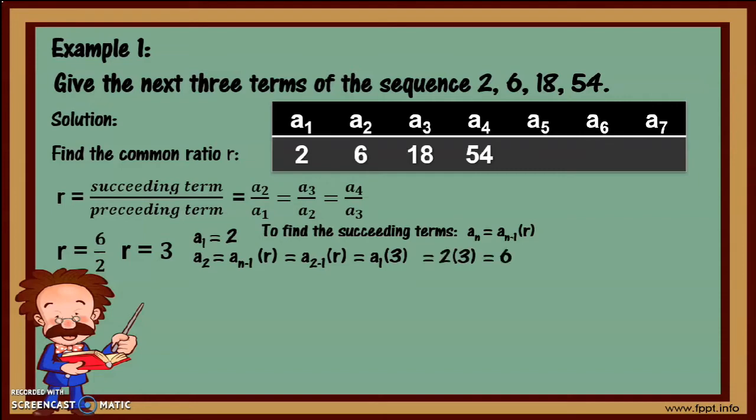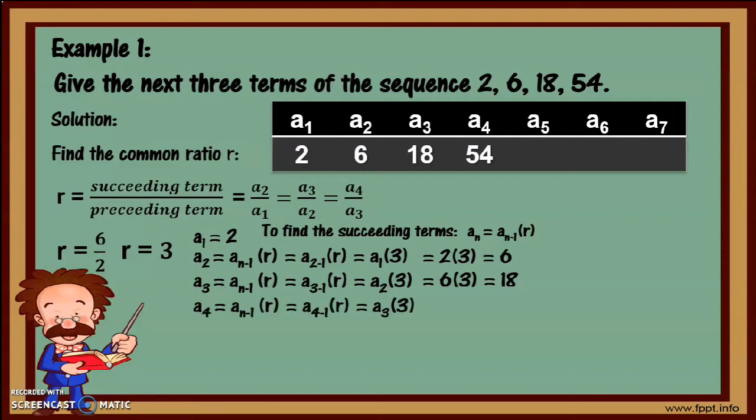So that is the second term. Then the third term is a sub 2 times 3, which is 18, since a sub 2 is equal to 6. Fourth term, a sub 3 times 3, our a sub 3 is 18, times 3 is equal to 54.